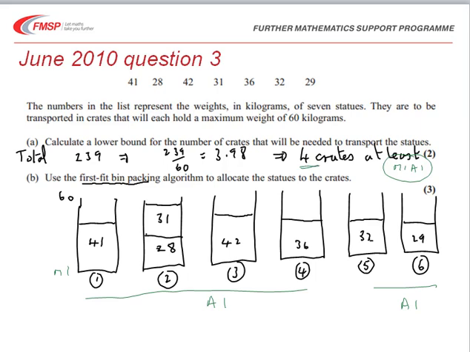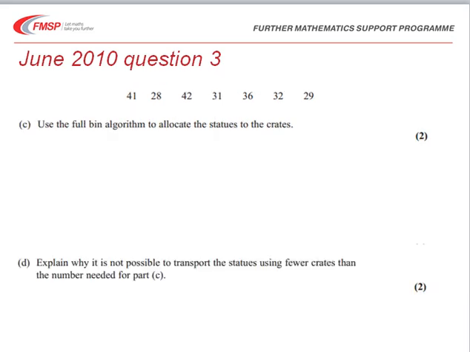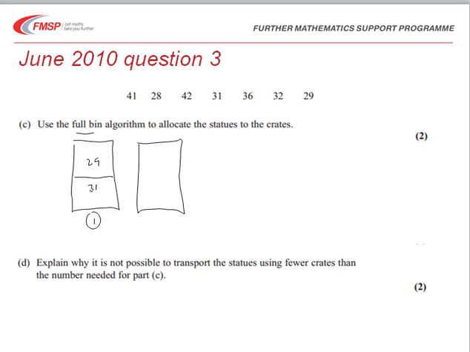The next part of the question then goes on and uses a different algorithm. This time it says use the full bin algorithm. Now full bin just means putting together numbers which we can to make up our values of 60 if we can. There are different ways of doing this, but one would be to say that in one first bin we can have 31 and 29 making up 60, and there's another full bin of 32 and 28.